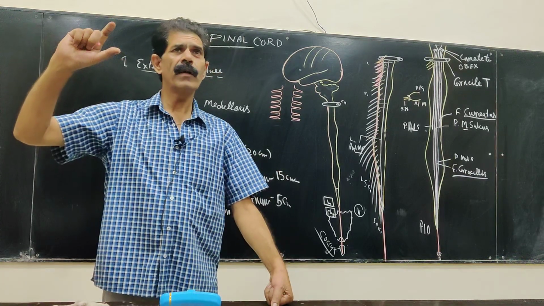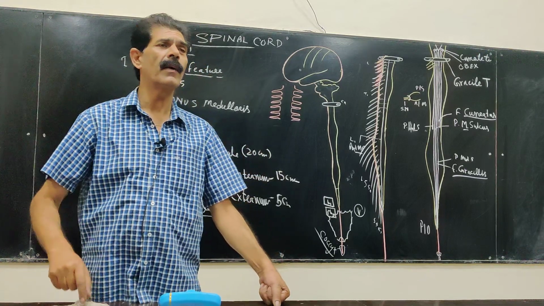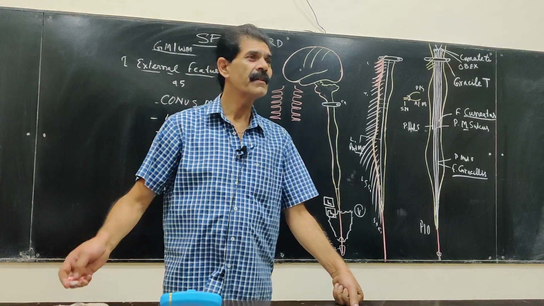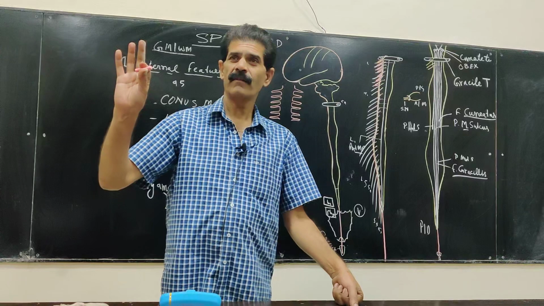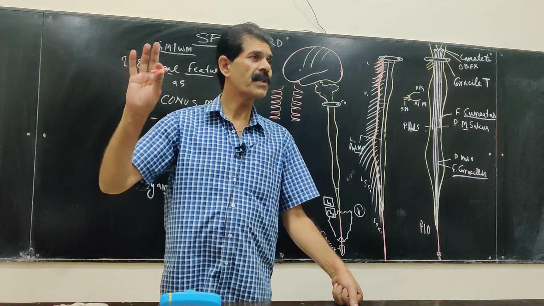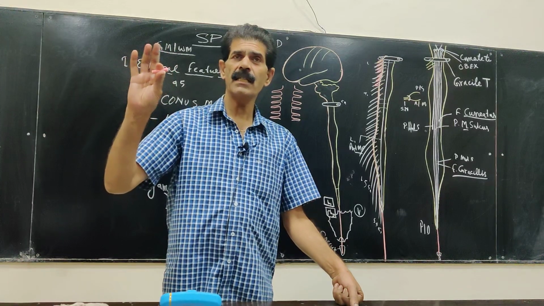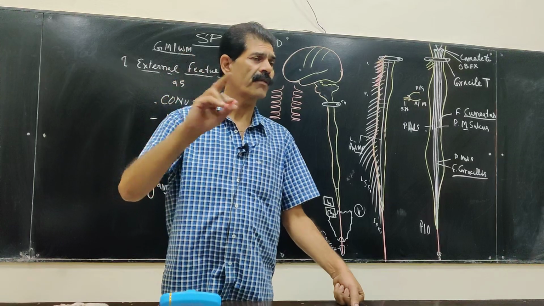And when we articulate two vertebrae, you will see that the intervertebral foramen is actually bounded by the strongest and thickest part of the vertebra, that is the pedicle. Thickest part, cylindrical. Why is it thickest and strongest? Because it has to protect 31 pairs of spinal nerves.